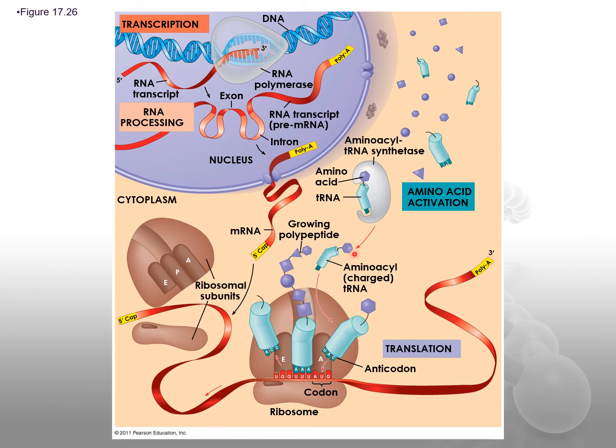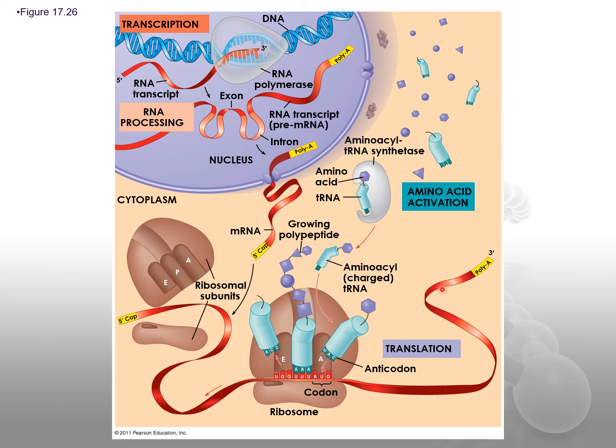In order for all of this to occur, we need charged transfer RNAs. Remember that enzyme called aminoacyl transfer RNA synthetase. It is going to add each of the amino acids to the transfer RNA so that they can be charged and take part in protein synthesis.